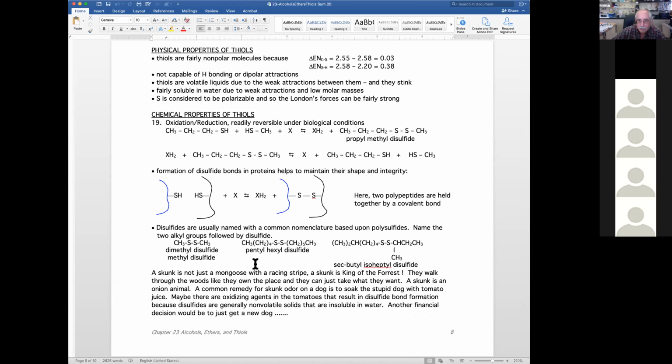So as you formulate questions, you might want to think about that. And what would the exam questions look like? I tried to point that out today. You're going to have naming. You're going to have physical properties where you may be asked to draw a hydrogen bond. And then the only other thing is chemical properties. So on the chemical properties, what would you see? You would see this.